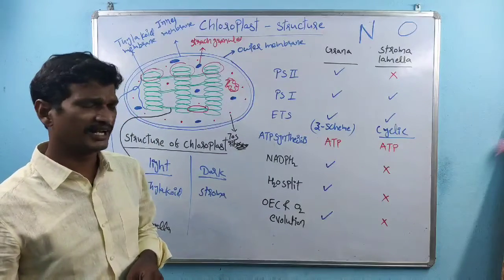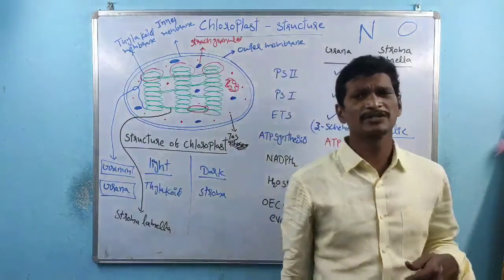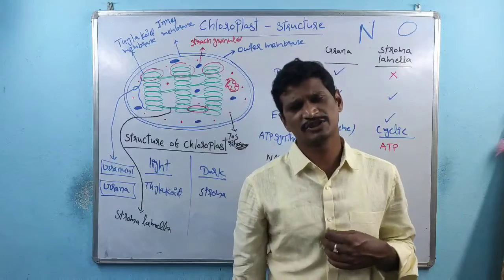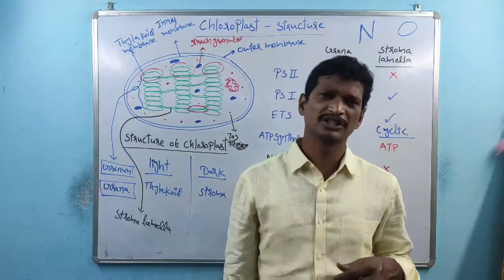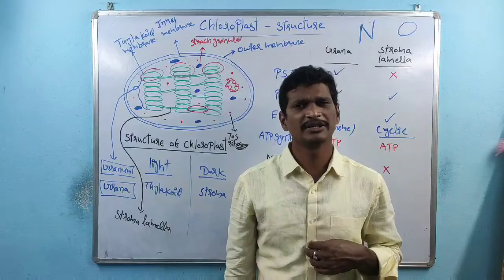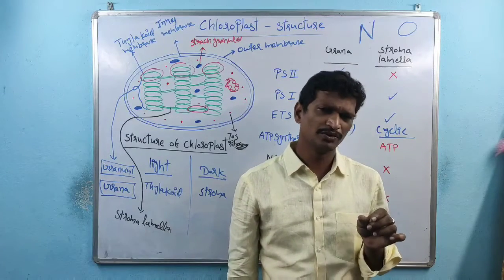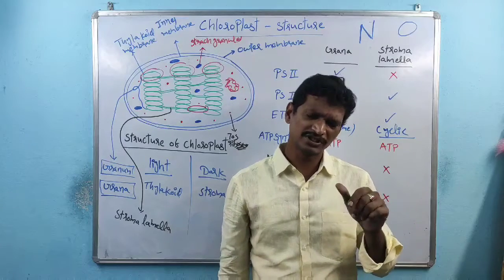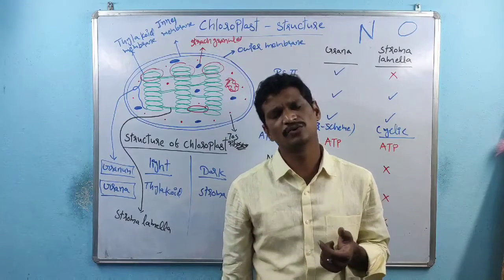So coming to the next one, that is NADPH2 production. Remember, in the catabolism process, NADH plus H plus is produced. In the anabolism process, NADPH2 is involved. So here NADPH2 is produced, and it is involved in the synthesis of glucose molecules.